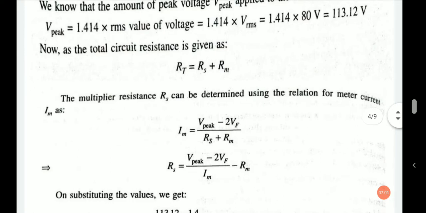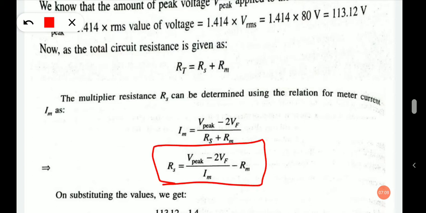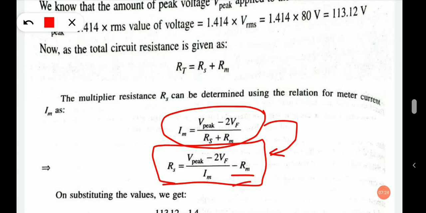So if we convert this expression, for Rs we get V peak minus 2 Vf upon Im, minus Rm. This will be the expression for multiplier resistance Rs.